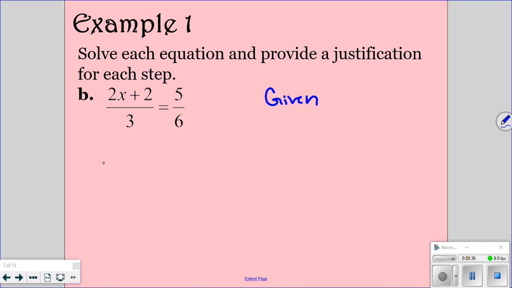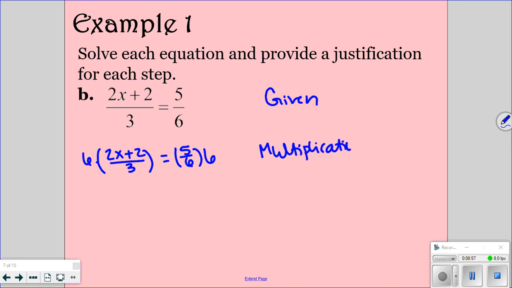Then we're going to multiply both sides of our equation by 6, because that's the denominator that we have. So you're going to do the multiplication property of equality.